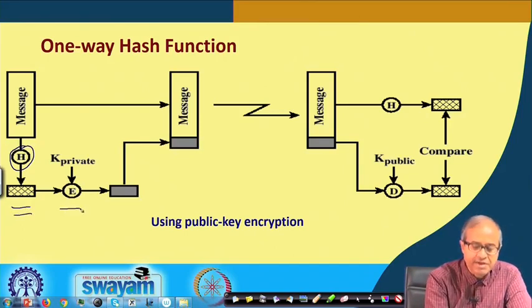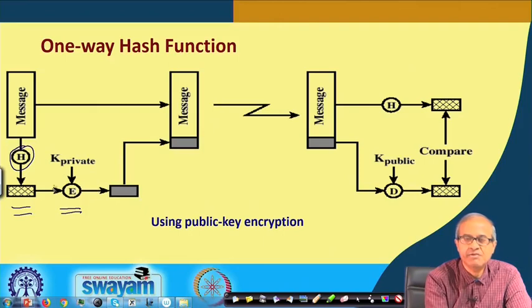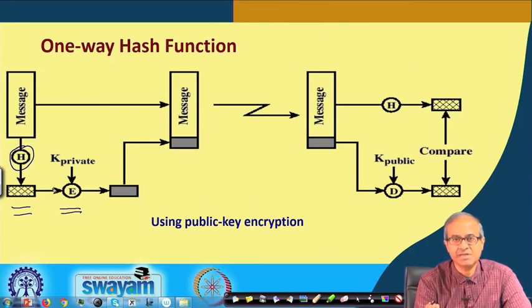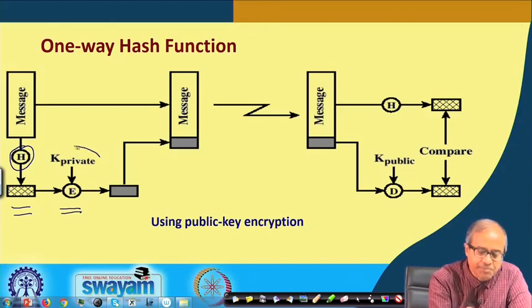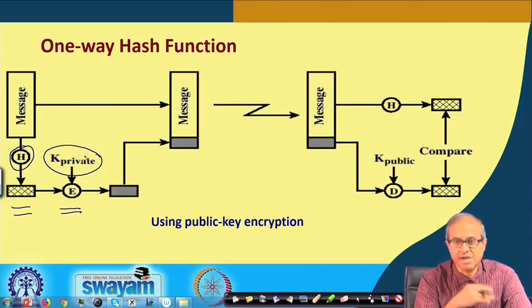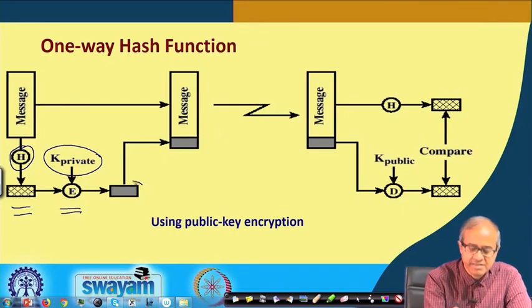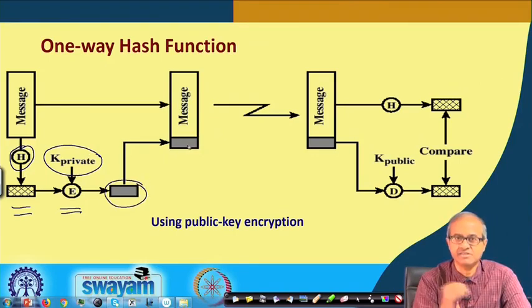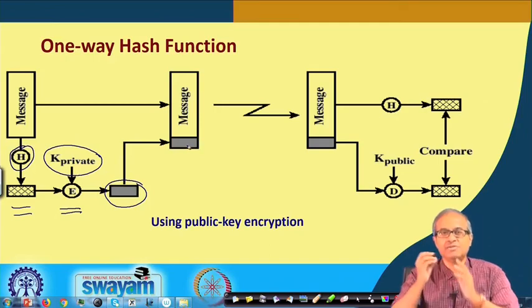Then you again do encryption, but this time you use a public key encryption technique like RSA, where you use the private key of the sender to encrypt. I use my private key to encrypt the hash value. This encrypted hash value is appended to the message and transmitted.